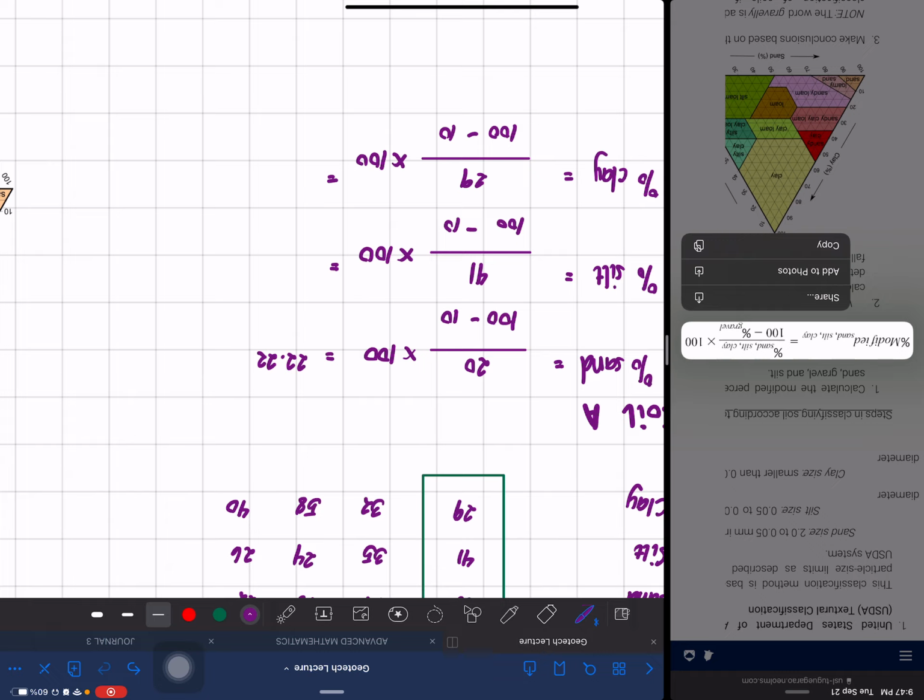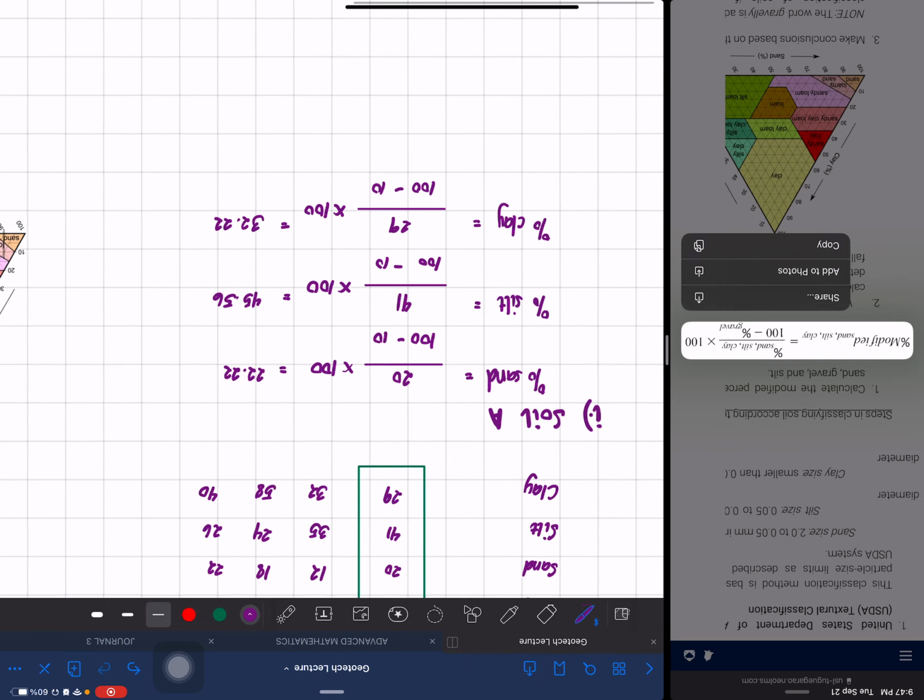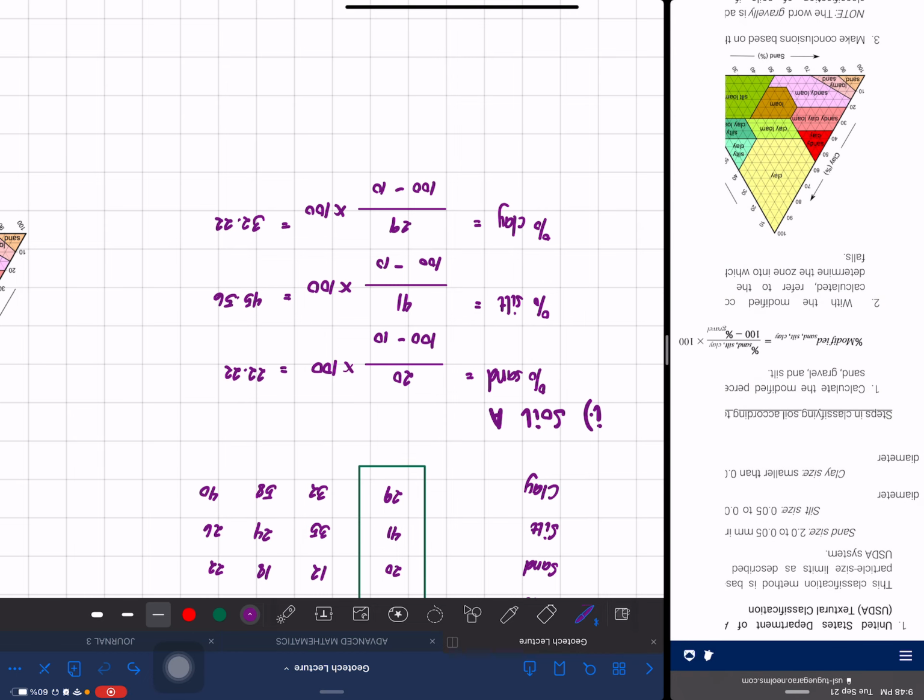So 45.56, and then we have 32.22. These are now the modified percentages of each component under the USDA classification system.